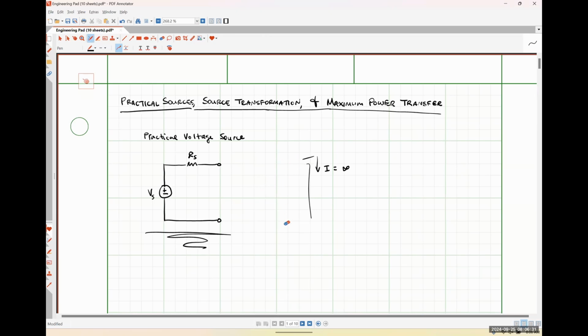Now, for most batteries, the value of that source resistance is typically pretty small. Something on the order of a few ohms would actually be large. Typically we would have something in the ballpark of milliohms of internal source resistance for a well-designed battery or DC power supply.